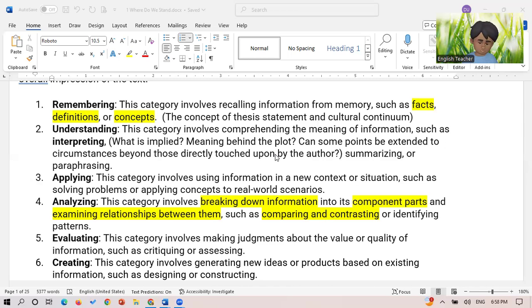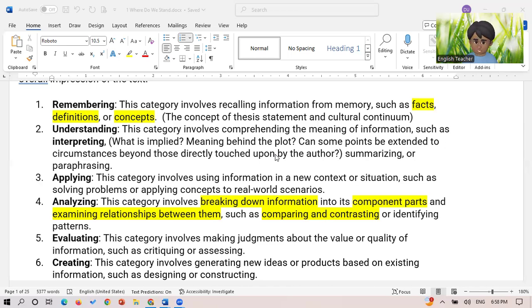The second step, which is a bit more complex than the first step, is the step of understanding. Here you understand the meaning of information. You interpret. For example, the essay may be saying something directly and it may have another indirect meaning, implied meaning.